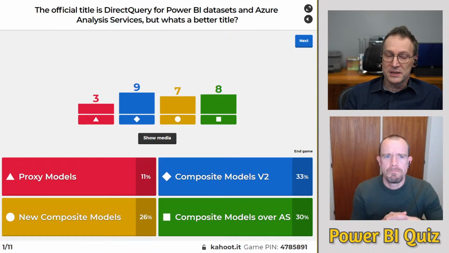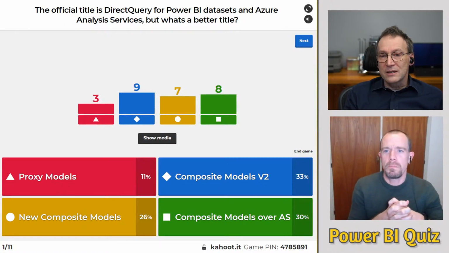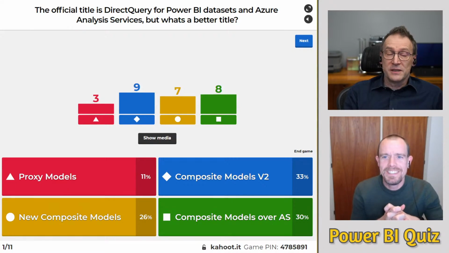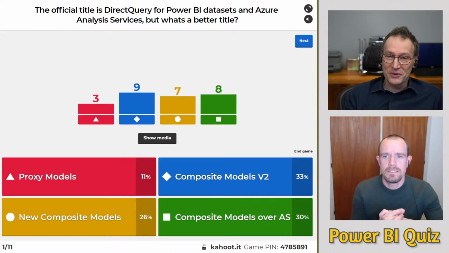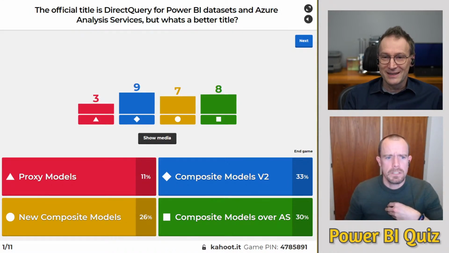Because it's slow, and we don't like slow engines. But composite models version 2 is also DirectQuery, just faster, because it's over Power BI datasets and Azure Analysis Services. You have a storage engine, which is Analysis Services. That's going to be super cool and a bit challenging, because it's a whole new feature.